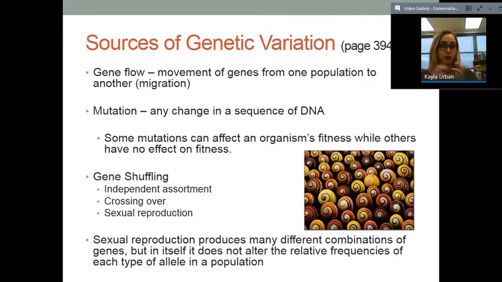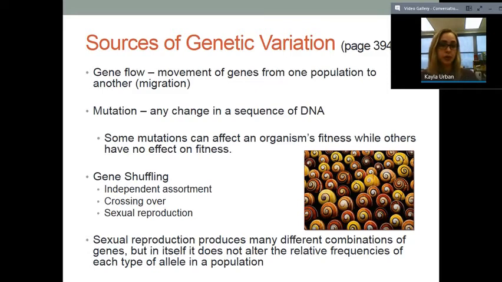So we refer to that whole process of meiosis with the mixing up of the chromosomes you get in each sperm and each egg, plus the randomization that occurs when you have sexual reproduction as gene shuffling.